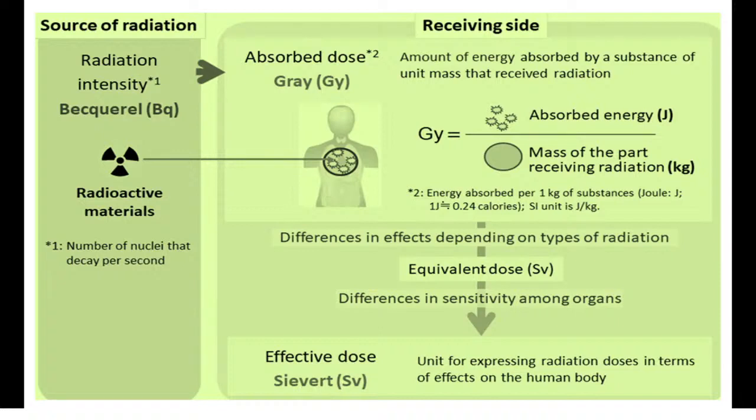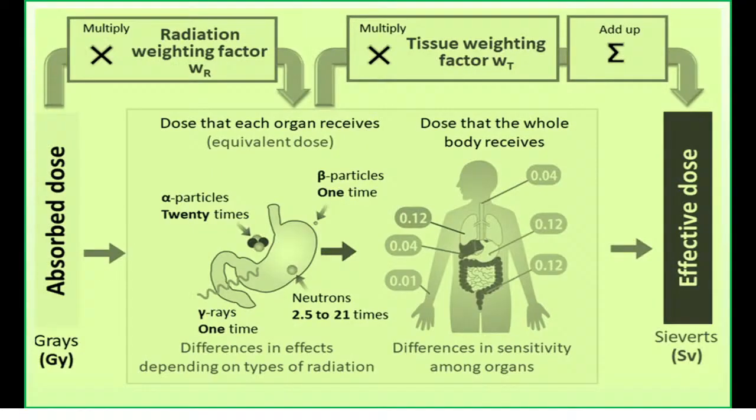So that is why we should take into account the difference in sensitivity among organs. And this gives the effective dose. And finally, how is this effective dose calculated? It is the radiation weighting factor.